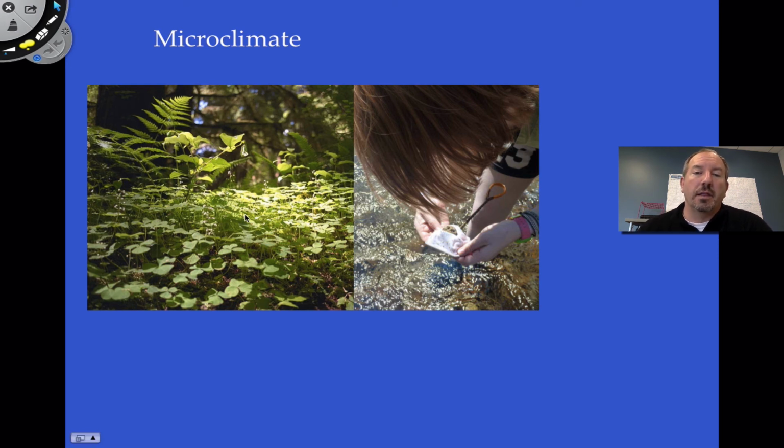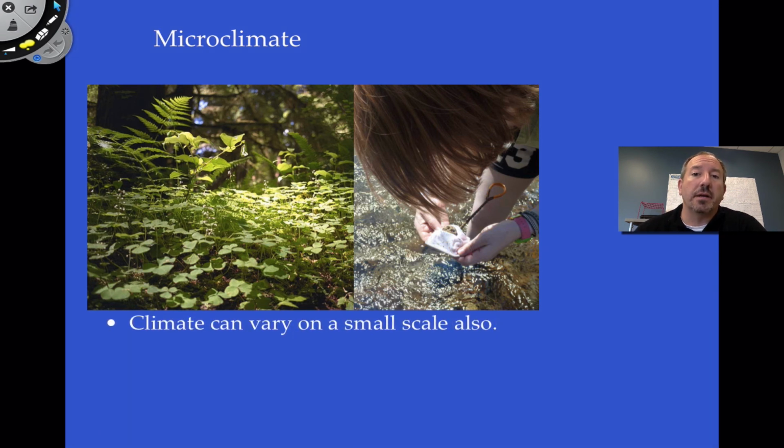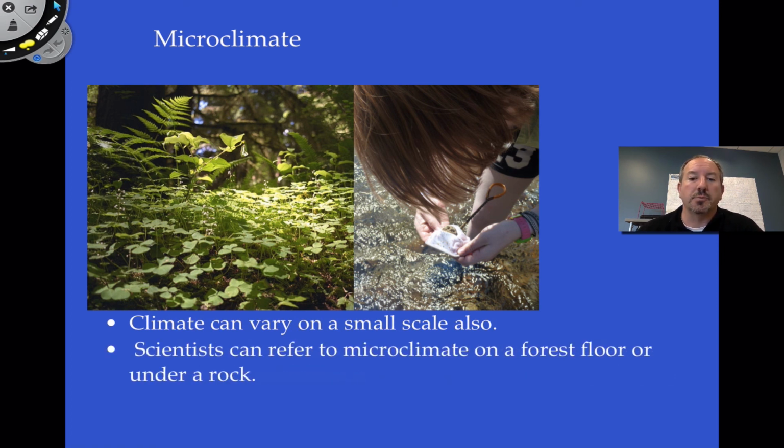Whether or not a roly-poly is going to survive because it lives under a rock or a rotting log. Or we can consider underneath a rock in a river. These are what are called microclimates, and it might be more appropriate, depending on what organism you're studying, to consider microclimates. And so they can vary on a small scale as well.